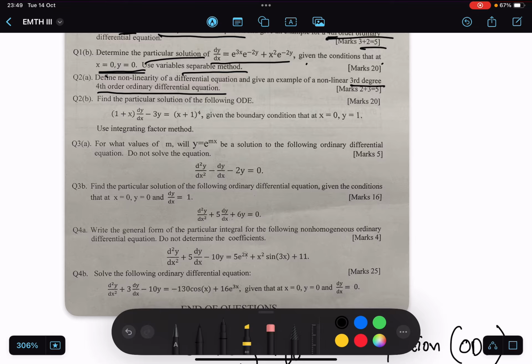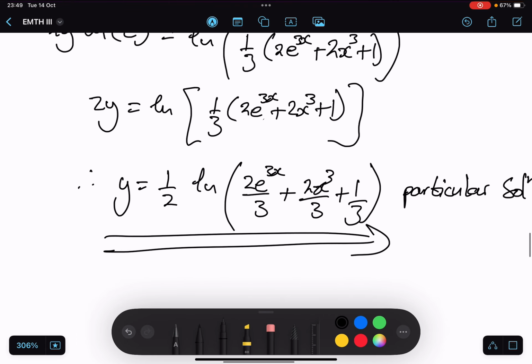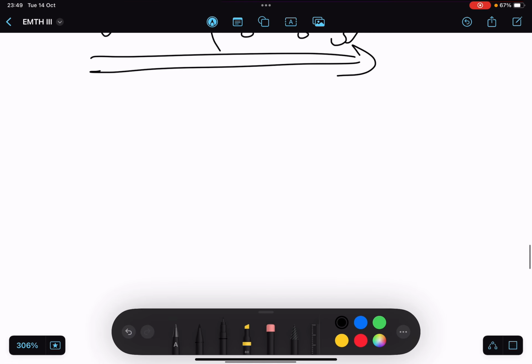So okay, with this one, 2a, so we're looking at question 2a.